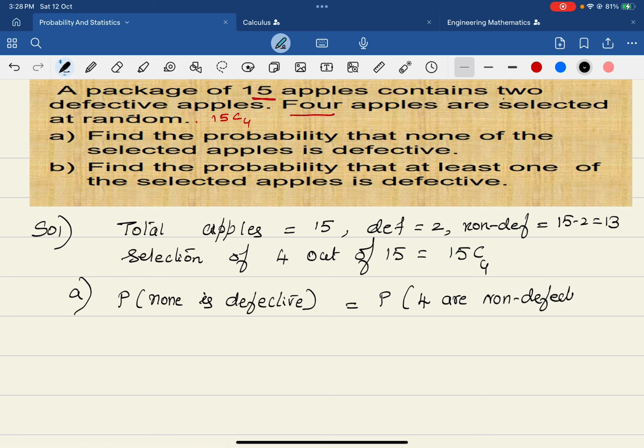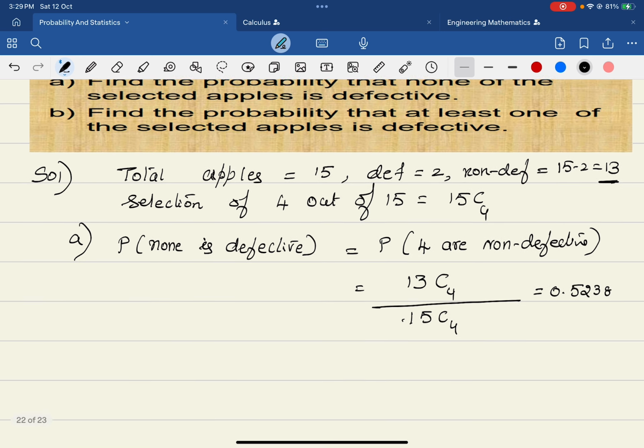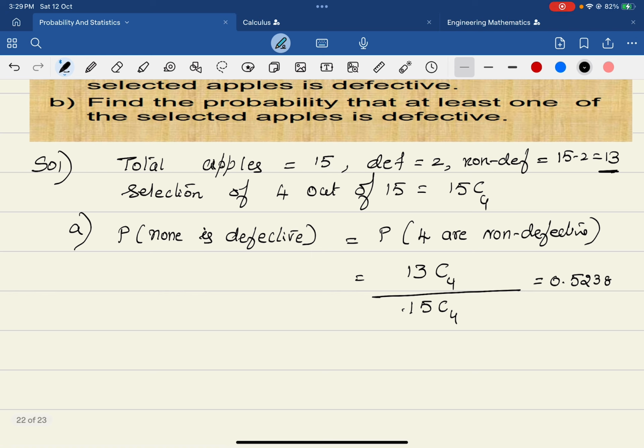Now how many non-defective apples do we have? 13 non-defective apples are there. So out of 13 you are going to select 4. But totally how many apples are there? 15. So 15C4. So this is the answer for selection of all the 4 non-defective apples. So this is the answer. Next one. So thus none is defective.